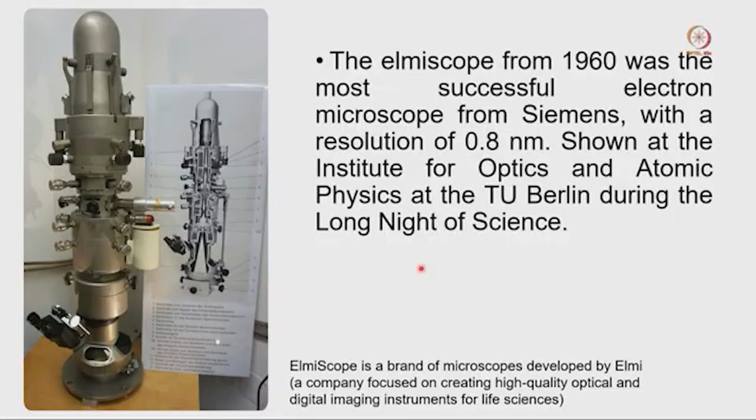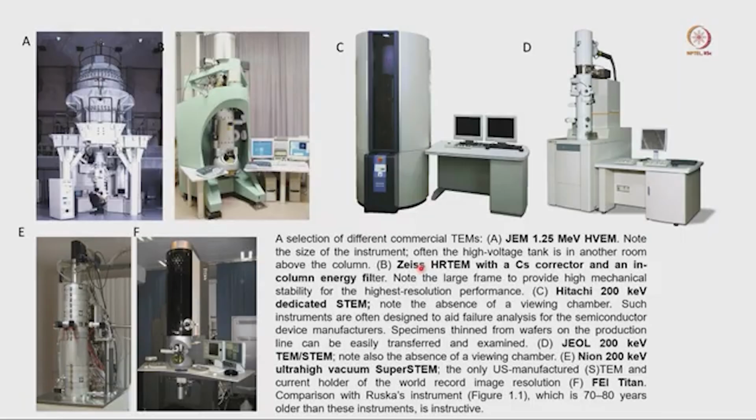Now one important question is coming: when in India we started developing our own electron microscope, I'll come back to that point also. Here you can see some kind of modern electron microscope.